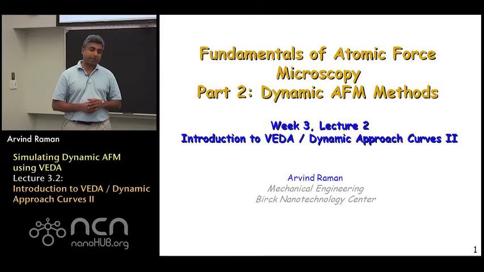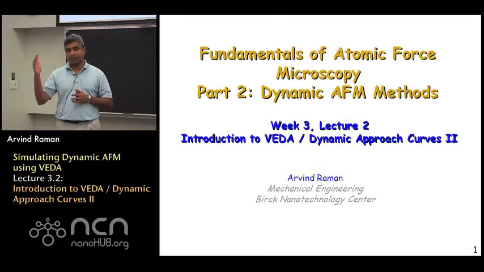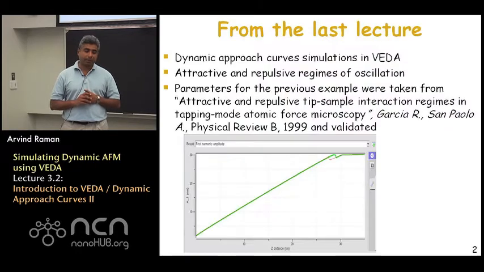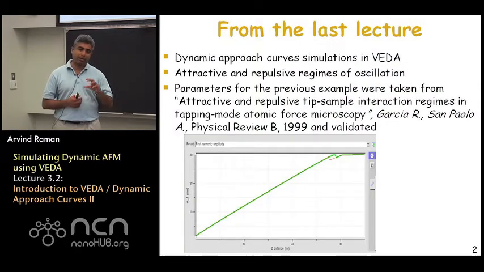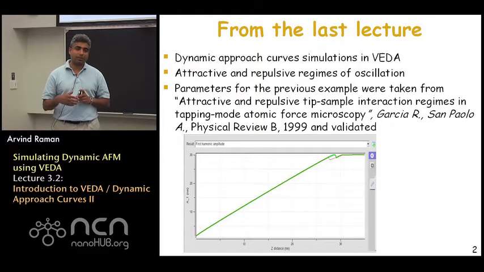In the last lecture, we had shown you how to start running simulations for approach curves as you oscillate the tip and approach the sample. In particular, we had talked about how the simulation captures the attractive and repulsive regimes of oscillation and the transition that can occur between the two, and the coexistence of two oscillation states under certain conditions.